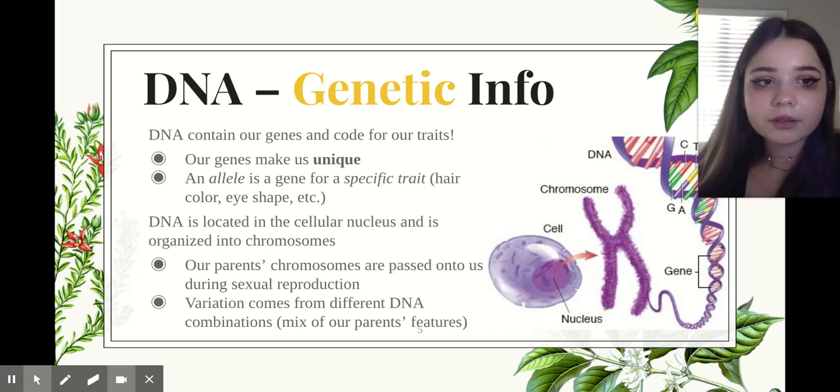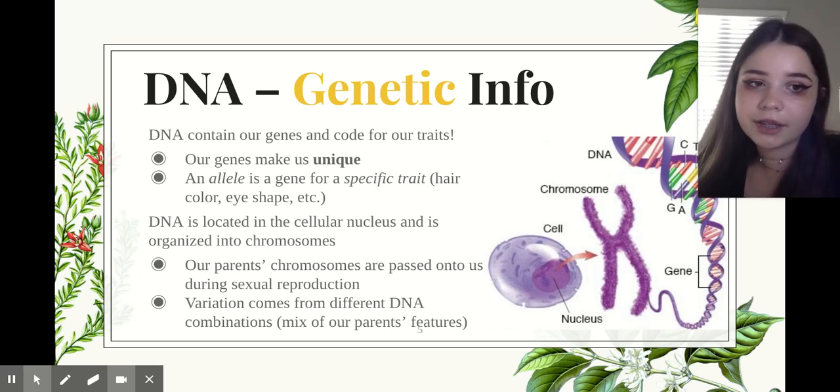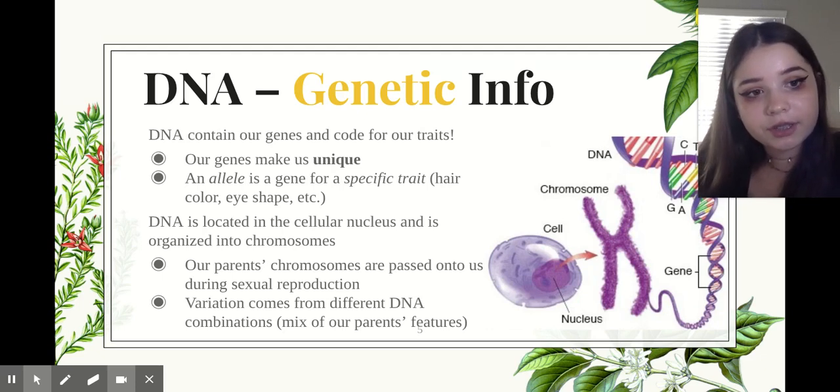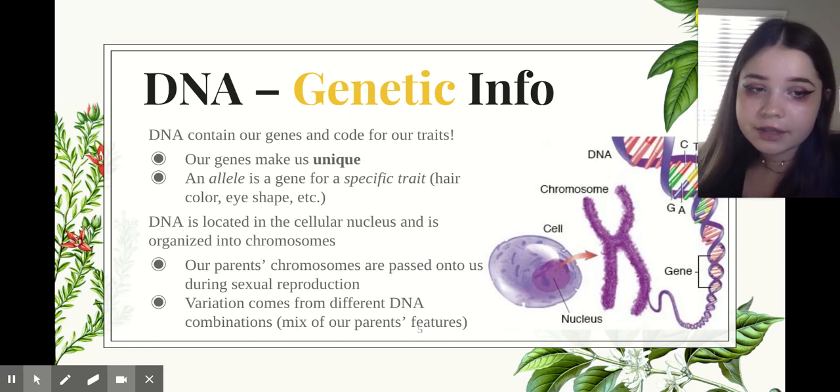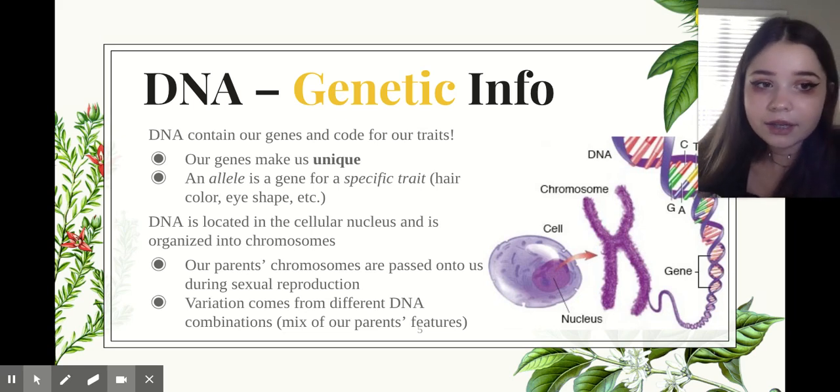And so let's get into some vocabulary in genetics. An allele refers to a gene for a specific trait. This can mean your hair color, your eye shape, etc. And remember how DNA is located in the cellular nucleus, the control center of the cell? Inside of the nucleus, the DNA is organized into chromosomes.